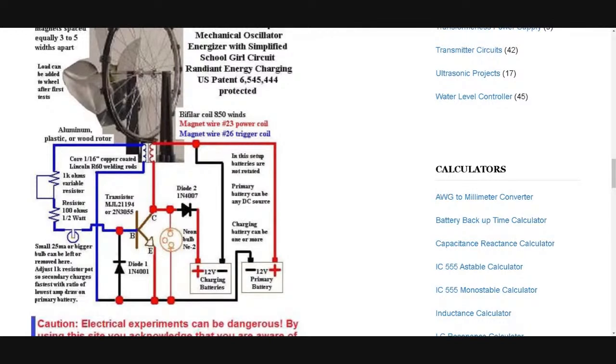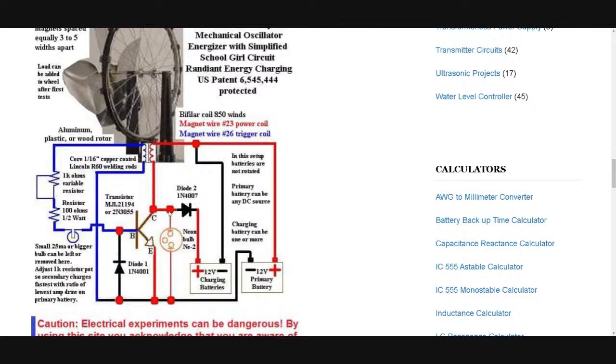That's because of the back EMF. I'm talking about the back EMF, not the reverse flyback voltage.